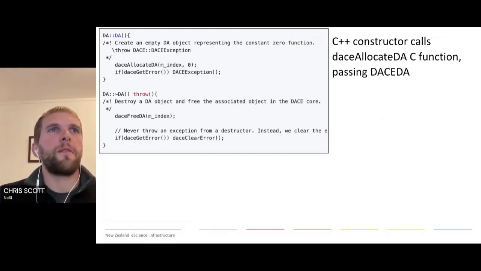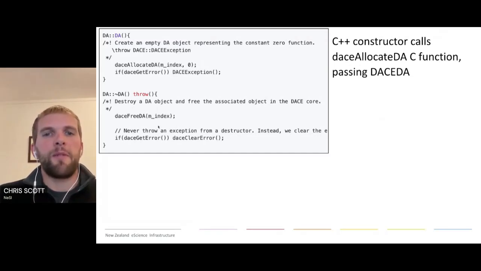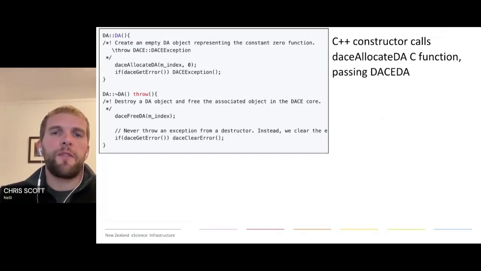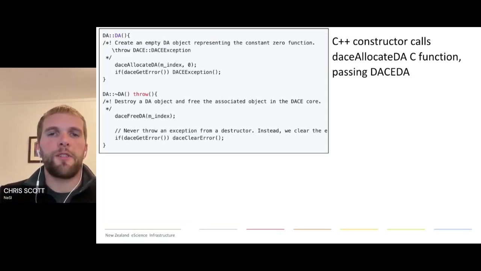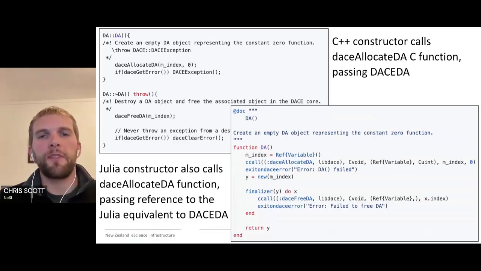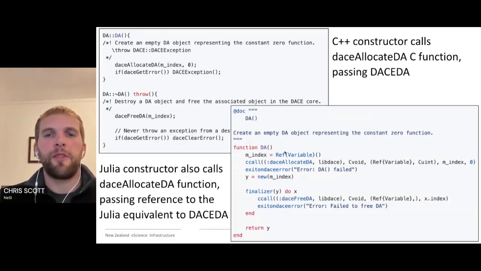And we have a destructor as well, which calls DACE free DA and passes in the mindex again to free the memory when it gets destroyed. And to create the Julia interface using the ccall approach, we have to replicate this functionality in Julia. So we might have something that looks like this, where we have a function DA, which is the constructor for the mutable struct we saw on the last slide.